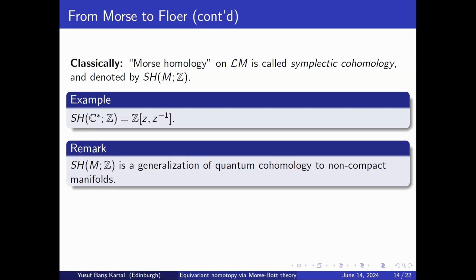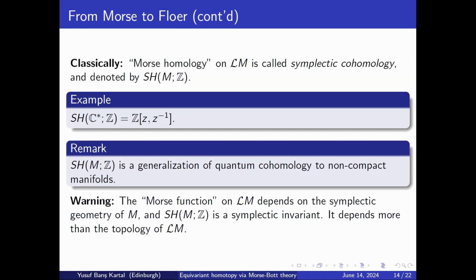It's not as weird if you are familiar with enumerative geometry a bit more. And a small warning to avoid any confusion: the Morse function on the free loop space actually depends on the symplectic geometry of M. So symplectic homology is actually a symplectic invariant. It depends on more than just the topology of the loop space or the topology of M.